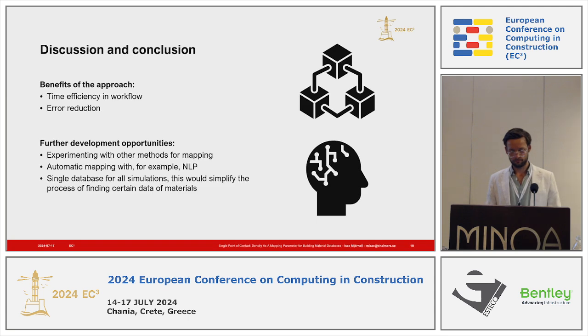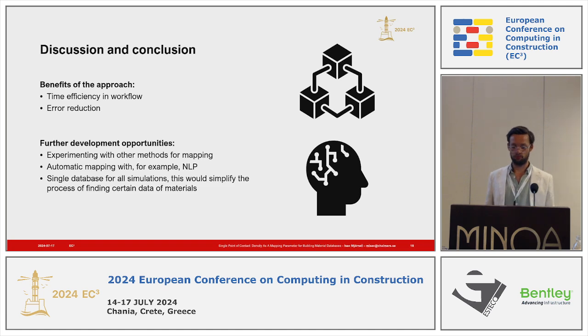And it would be very interesting to use, for example, natural language processing so that we don't have to do this process of finding different materials manually. So it could be done like a recommendation or even automatic. We have experimented with different types of parameters for mapping, but we found that density was performing best.